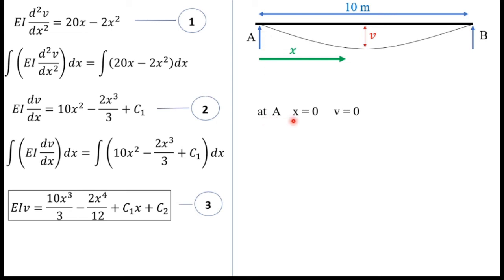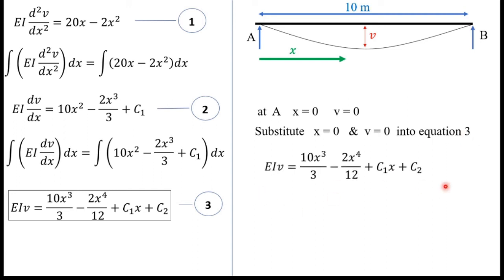So at A, x equals 0, it is the starting point, and V equals 0, that is deflection equals 0. So I will apply this boundary condition to equation 3. I will substitute x equals 0 and V equals 0 into equation 3.